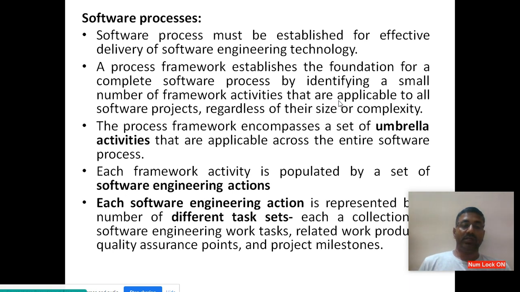The software process framework encompasses a set of umbrella activities that are applicable across the entire software process. Each framework activity is populated by a set of software engineering actions. Each software engineering action is represented by a number of different task sets.